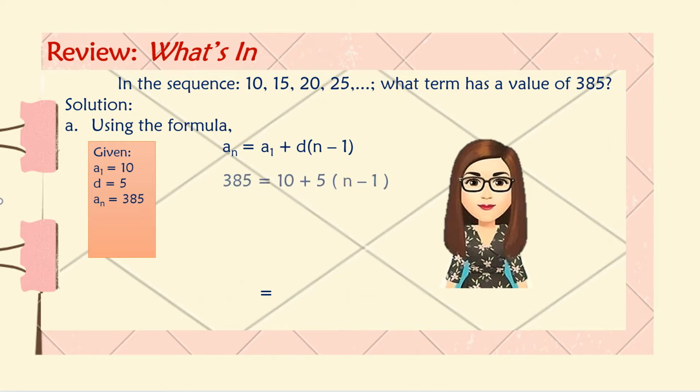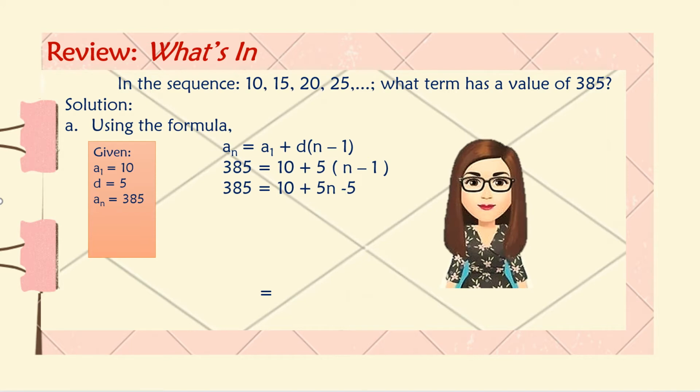Using the formula, let us substitute. Our a sub n is 385, is equal to a sub 1 which is 10, plus the common difference which is 5, multiplied by the quantity n minus 1. Ibig sabihin ang missing term natin is n, kung pang ilang term si 385.